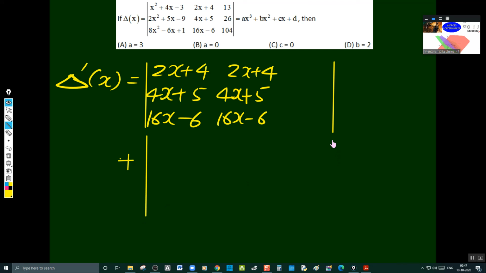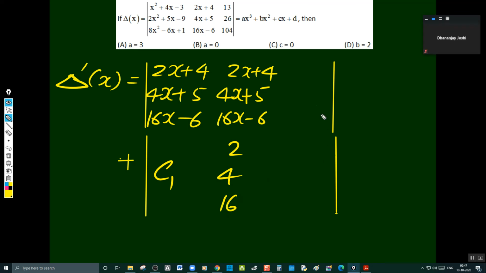First column I am writing as it is, C1 only. Now tell me the derivative of the second column: 2, 4 and 4, 16. The third column 13, 26, 104 as it is.